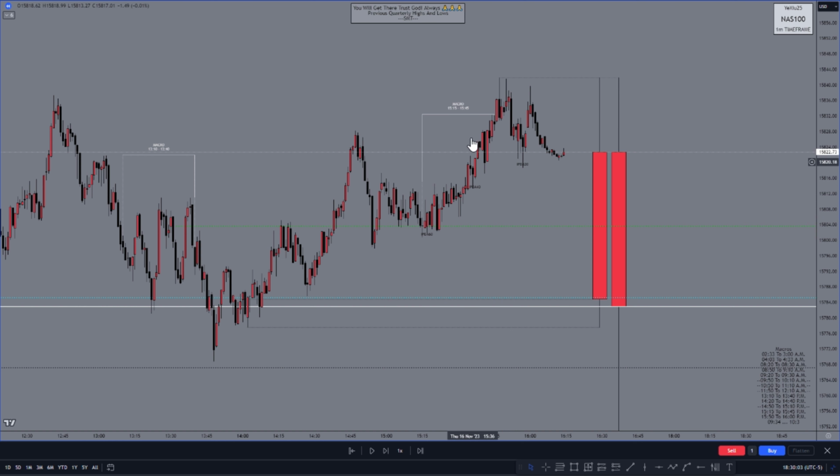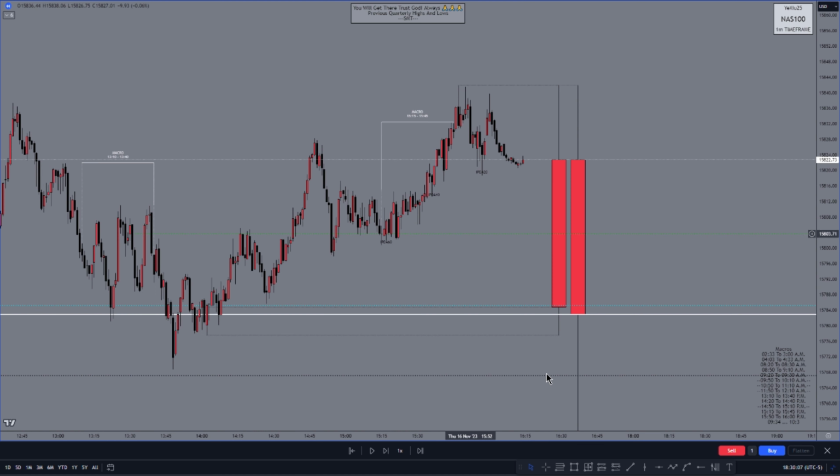I'm not sure how this macro works, okay, but it's here, the time. And we have the last one, 3:50 to 4:10. Sometimes you will see this macro expand and sometimes it will consolidate, like here.